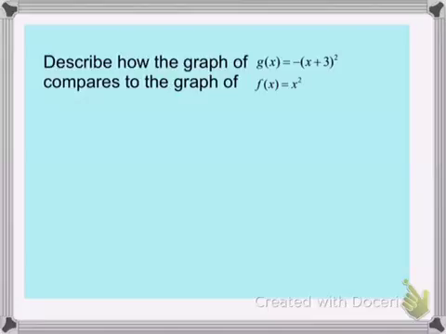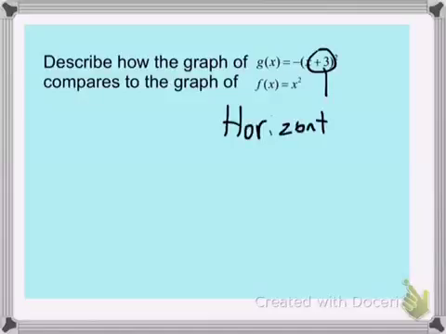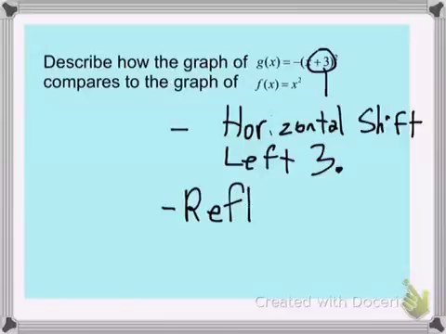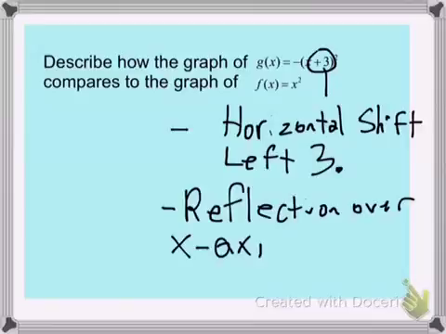So right here, we're going to say, from the graph, y equals x squared is a horizontal shift left 3, and reflection over x-axis.